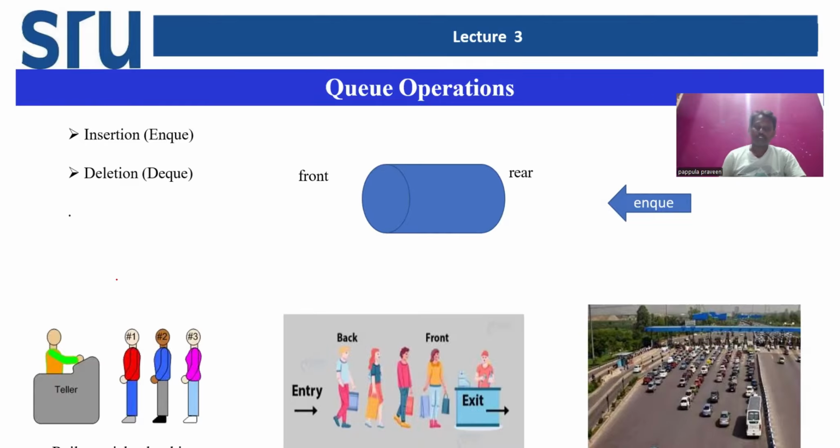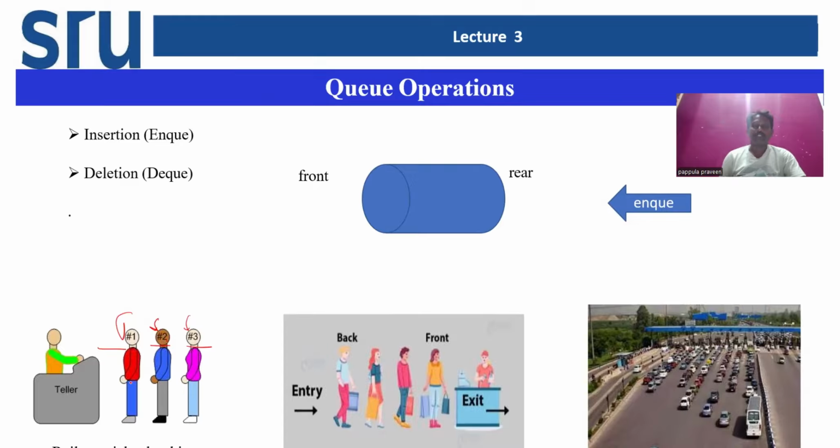Now these are examples of queues. Railway ticket booking: the teller gives the tickets orderly, and orderly means first in, first out. Here we have three members: the first is 1, second is 2, third is 3, and they maintain the order 1, 2, 3.